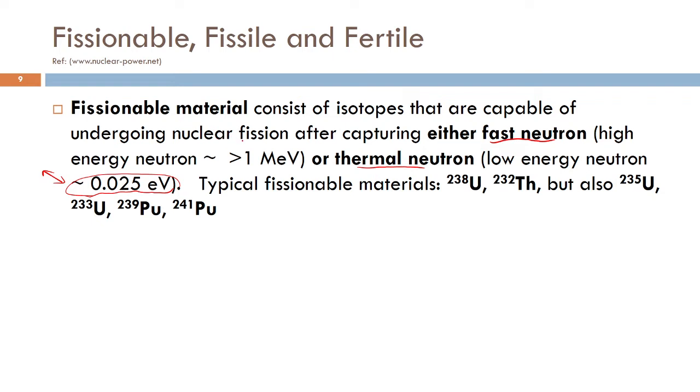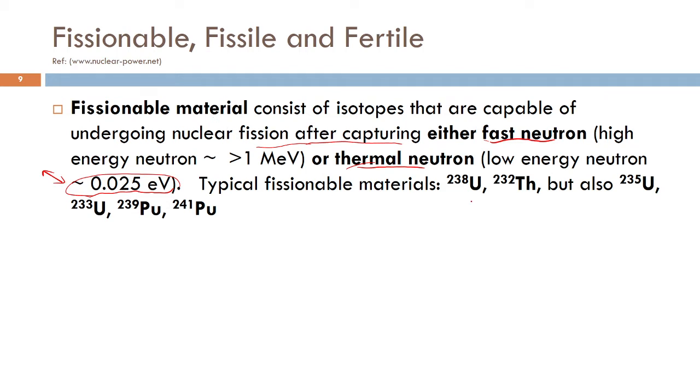Fissionable material consists of isotopes that are capable of undergoing nuclear fission by absorbing a fast neutron or thermal neutron. So any type of neutron that can cause a fission reaction with the material, that material is called fissionable material.